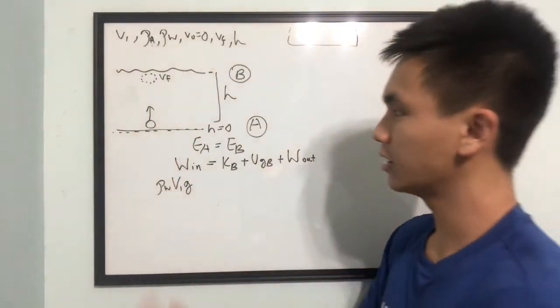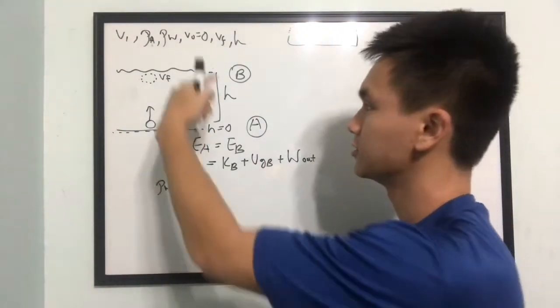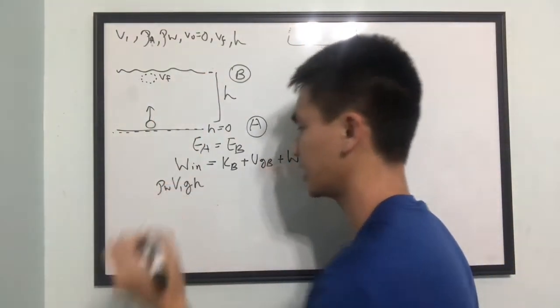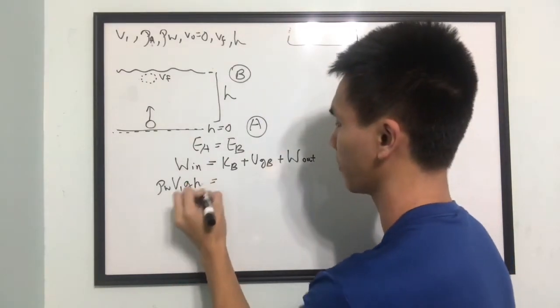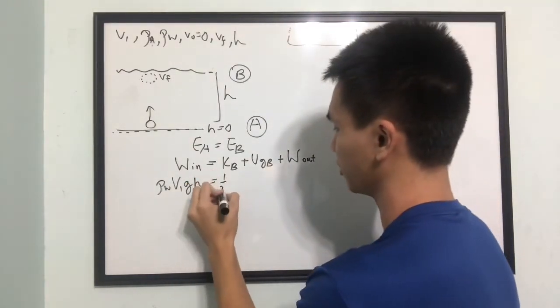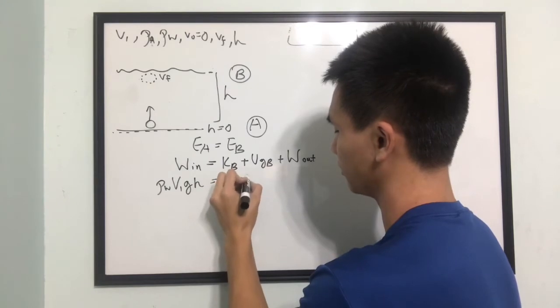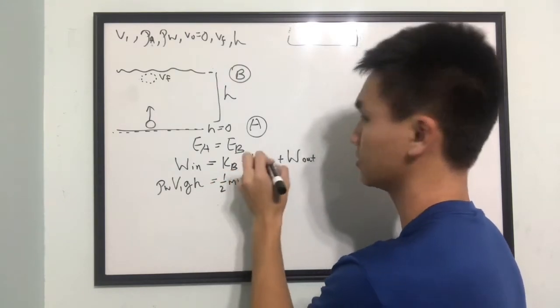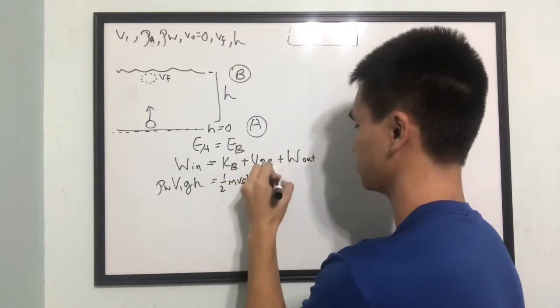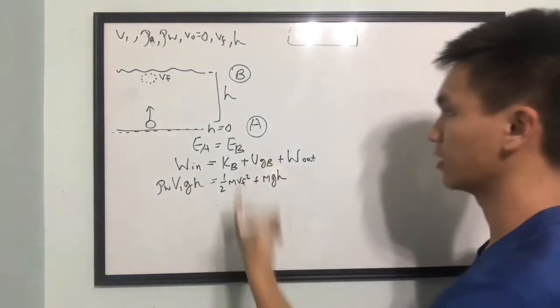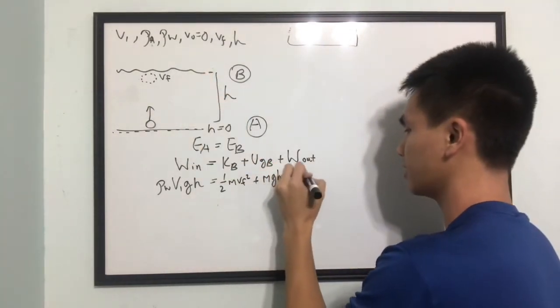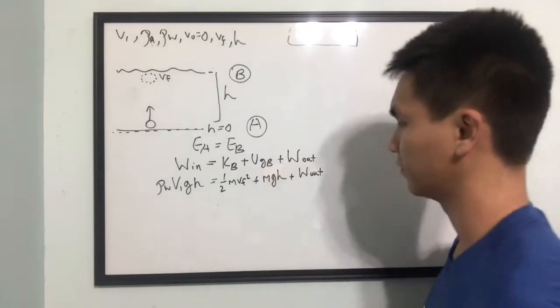And delta Y, well, it's going from this height at 0 to some height H, so we'll just say H for the change in Y. And then the formula for kinetic energy is 1/2 m v final squared, plus gravitational potential, mgh, right, since it rises to a height H. And then this work out. No idea what it is.